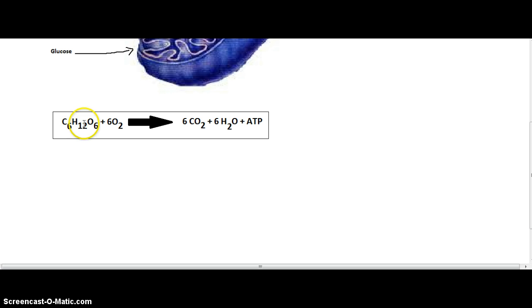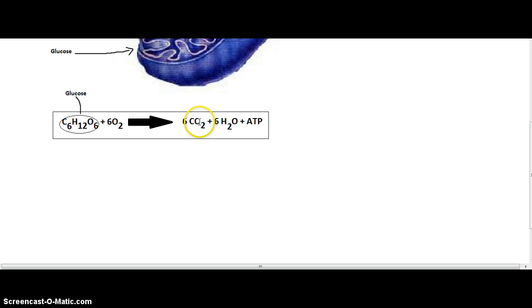So again, what is this guy right here? I'll circle it for you. Yep. This is glucose. I'll write it. Okay? Glucose. And this is oxygen.